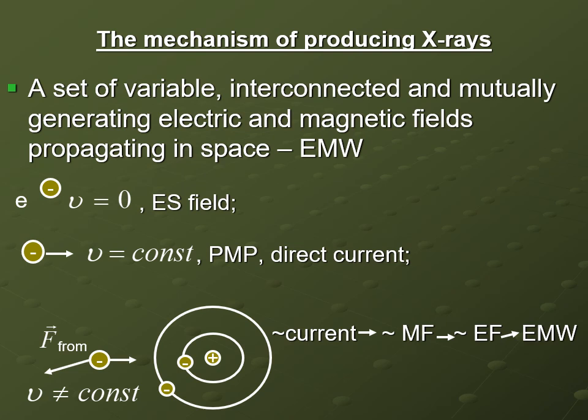Any current is a magnetic field source. In this case it will be an alternating magnetic field, and an alternating magnetic field, according to Maxwell's theory, leads to the appearance of an alternating electric field. As a result, we get an electromagnetic wave. That is, in this way we come to the appearance of an electromagnetic wave due to the fact that the electron is decelerated.